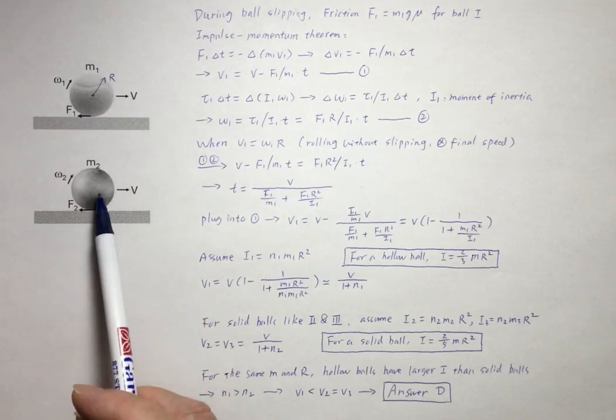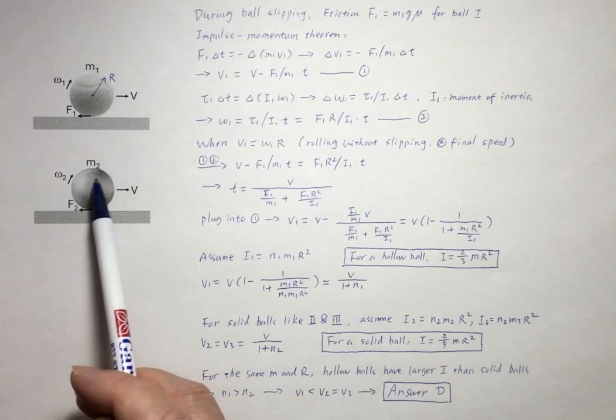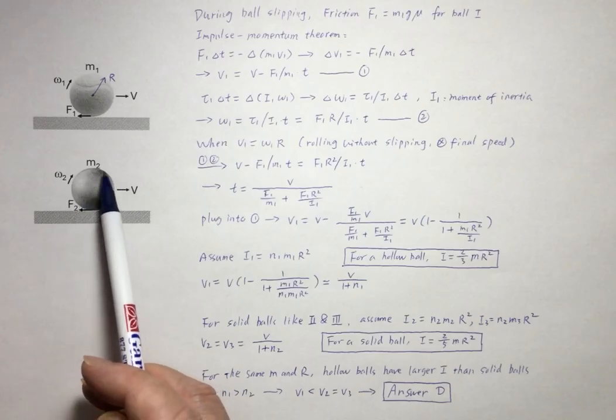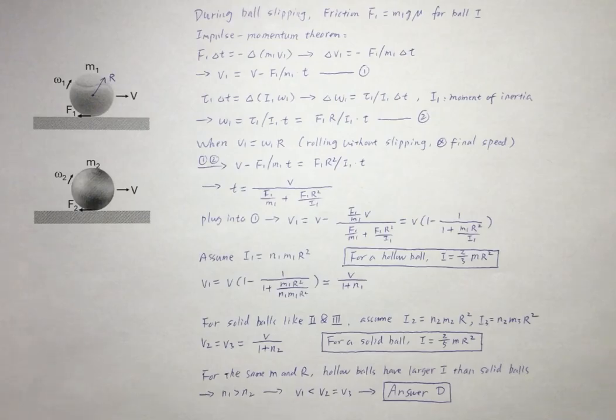But for the solid ball, the mass is evenly distributed all over the ball. So the hollow ball has a larger moment of inertia than a solid ball. That means n1 is larger than n2, which is actually true here. See, n1 is 2/3 and n2 is 2/5.